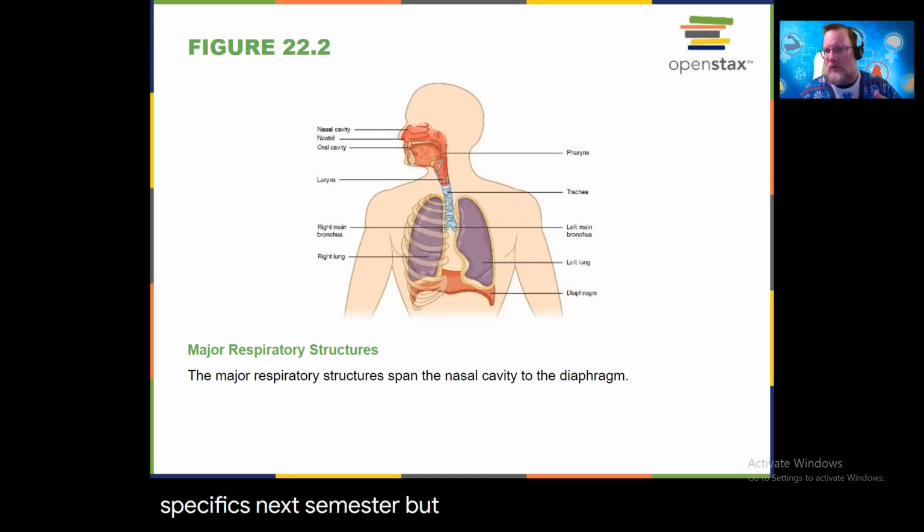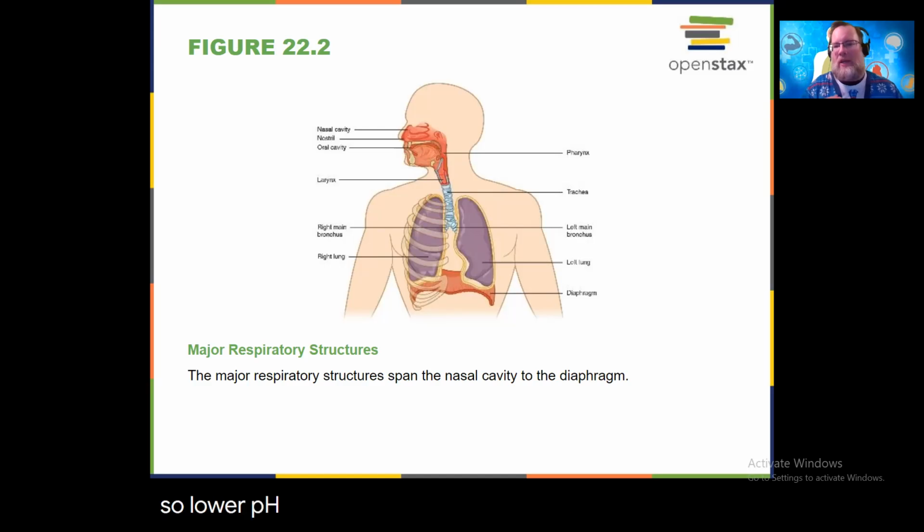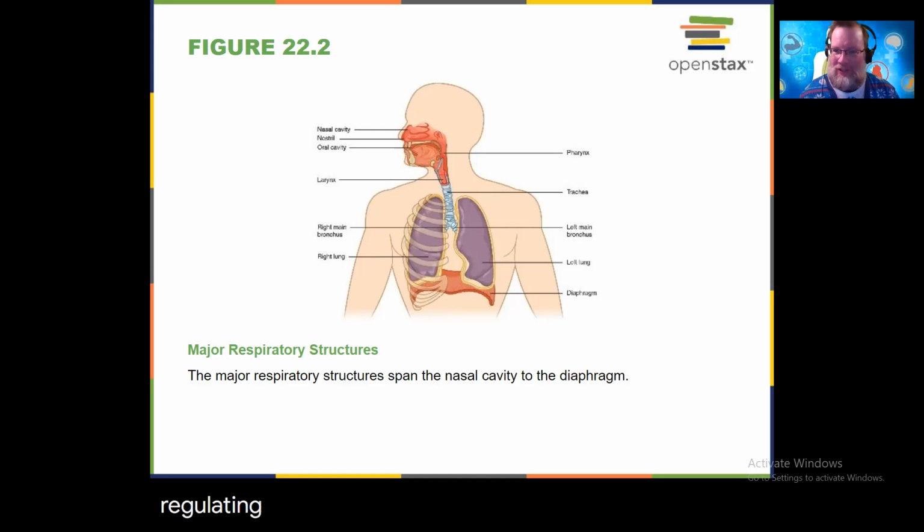But generally, when we get out of that 7 range toward the acidic range, so lower pH, that potentially means the lungs aren't doing enough work. The kidneys, the urinary system, are your secondary system for regulating and balancing pH. You will see a question at some point in your lives.